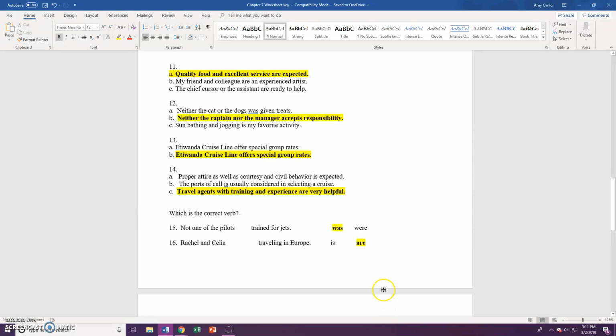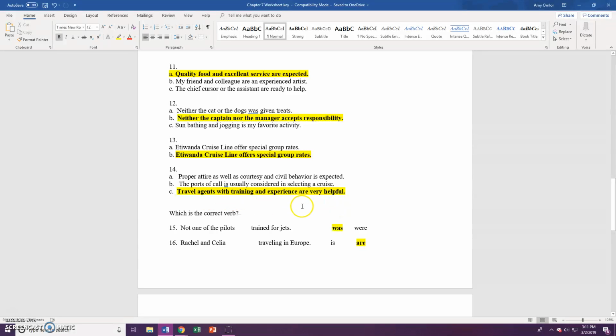The ports of call is usually considered during selecting a cruise. Well, the ports is a subject here. Ports is plural, is a singular, so that is not right. Travel agents with training and experience are very helpful. Okay, the subject here is agents, and agents are plural.